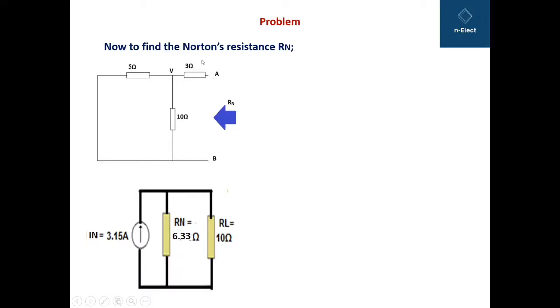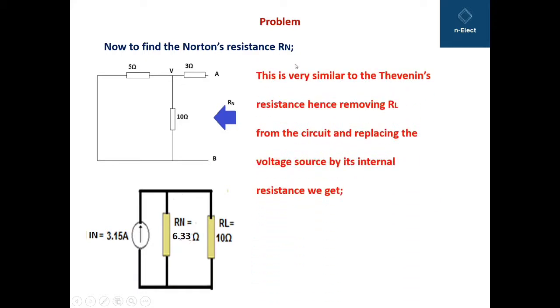Now to find the Norton's resistance Rn. This is very similar to finding the Thevenin's resistance, hence removing RL. We have removed RL between A and B from the circuit and replaced the voltage source by its internal resistance.